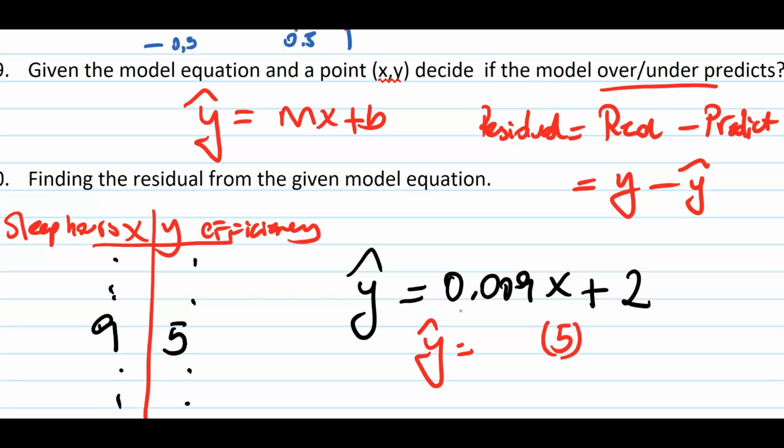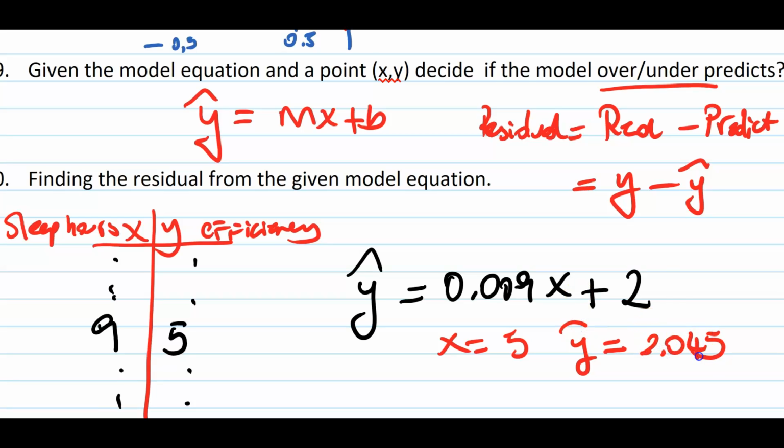If we do that, 5 times 0.009 plus 2, it means that when x is equal to 5, according to this model, y hat turns out to be 2.045.